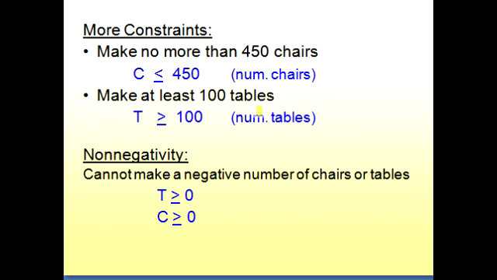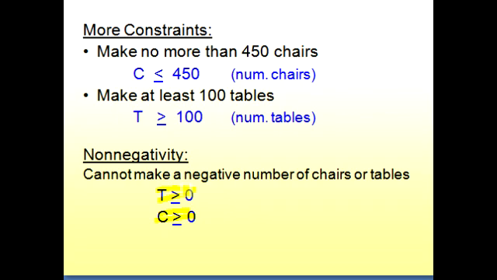Now, there are more constraints here. And the non-negativity constraint, let's talk about that first. This simply says that for t and c, you cannot build a negative number. This just makes the case that you can't make a negative. Remember, matter cannot be destroyed, so you cannot make negative numbers of tables and chairs.